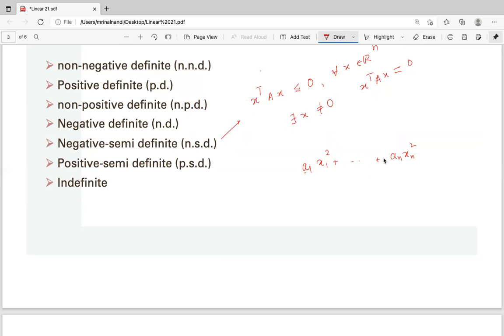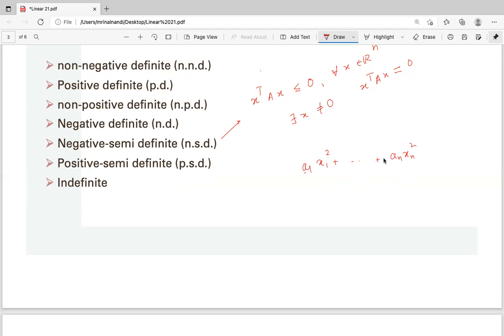If some are 0 and some others are positive, then it is non-negative definite, clearly. It can't be negative. If some ai's are negative, some are 0, it can't be positive, so it is non-positive definite. If all these ai's are negative, that means it is negative definite.